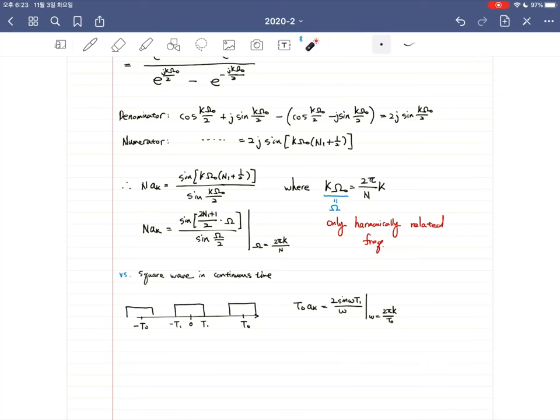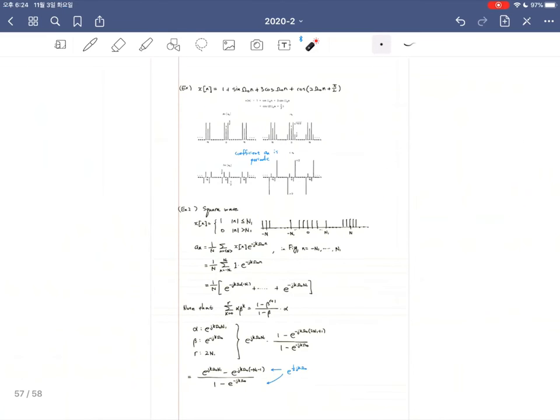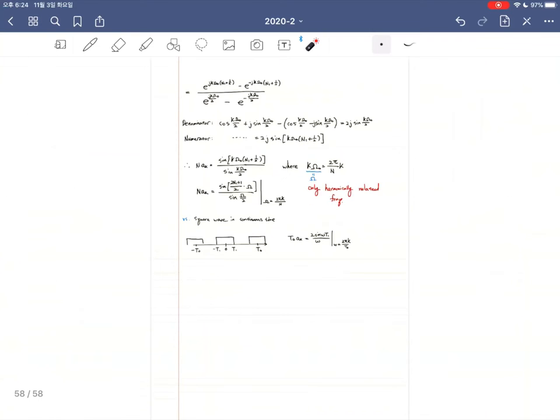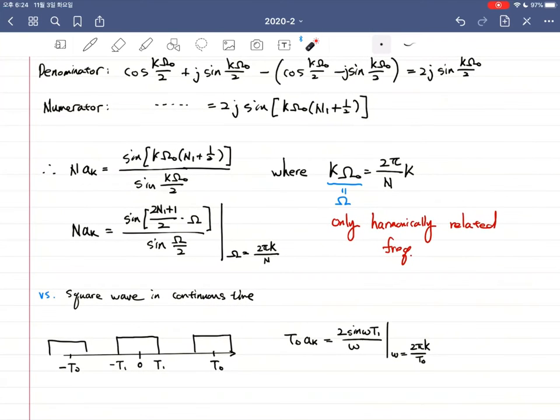And I have told you that this a_k is periodic only for the discrete time, and you can verify this property with this example. You can see that the a_k is periodic because it's sine something over sine something.